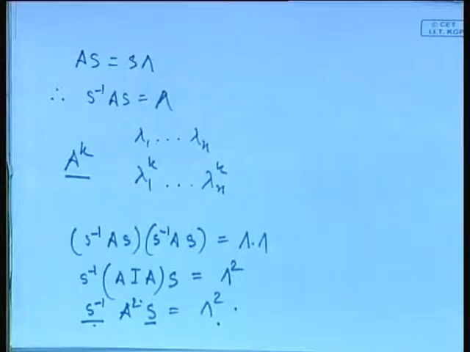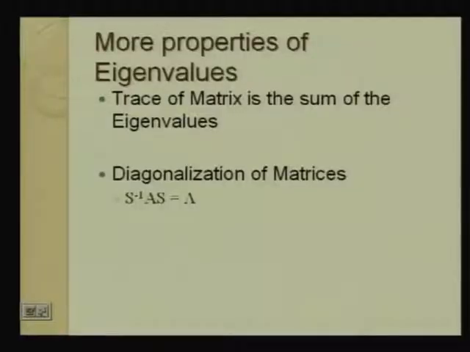But one important thing here is, if A and B are two matrices and you multiply A and B, will AB also have the same eigenvalues as A and B? So, say A has eigenvalues lambda 1 to lambda n and B has eigenvalues mu 1 to mu n. Will the eigenvalues be lambda 1 into mu 1 and lambda 2 into mu 2 and so on?